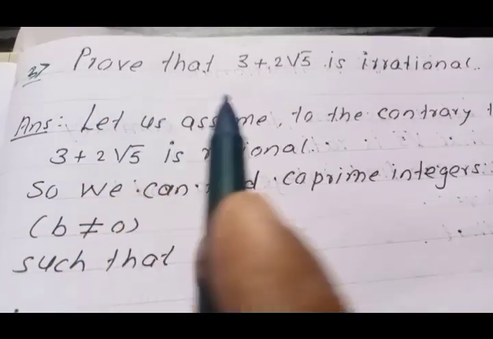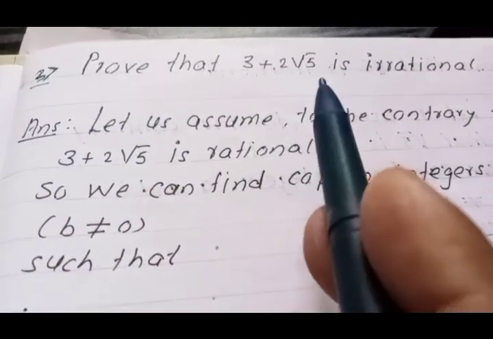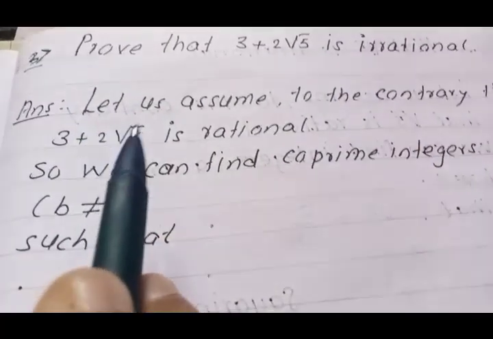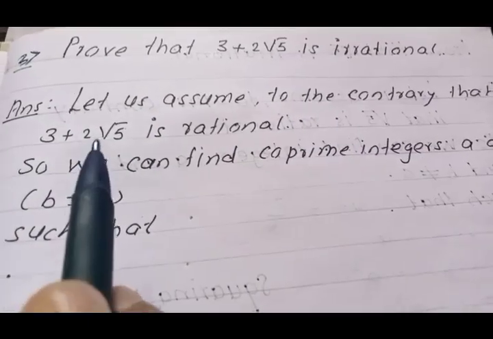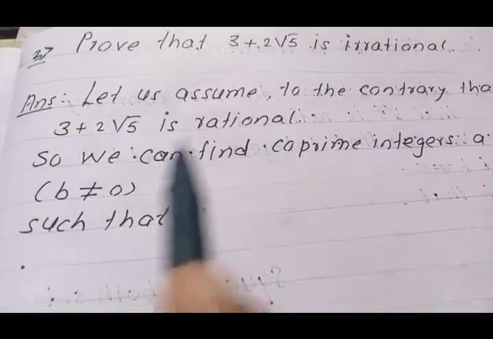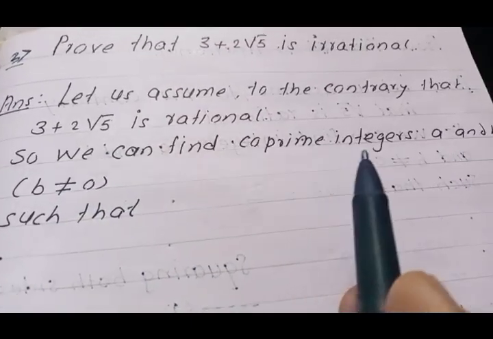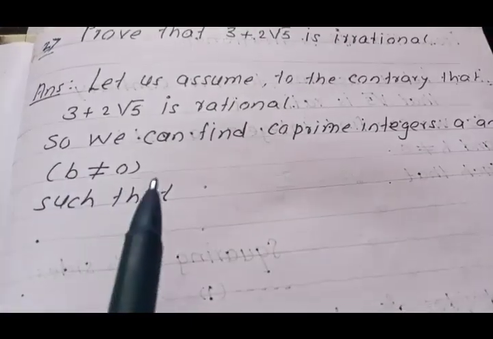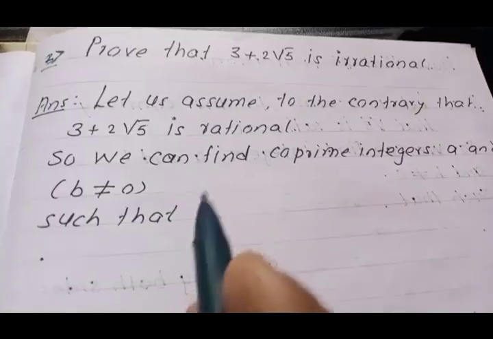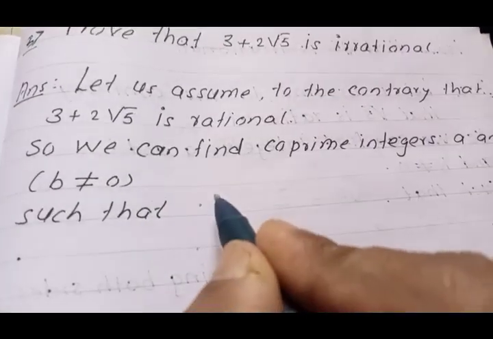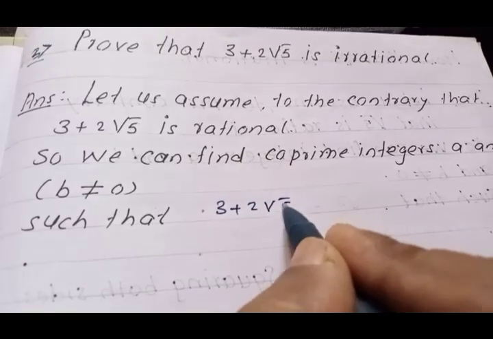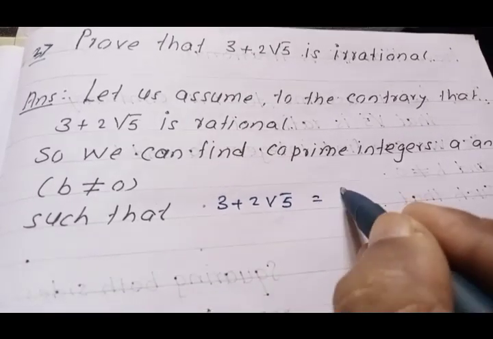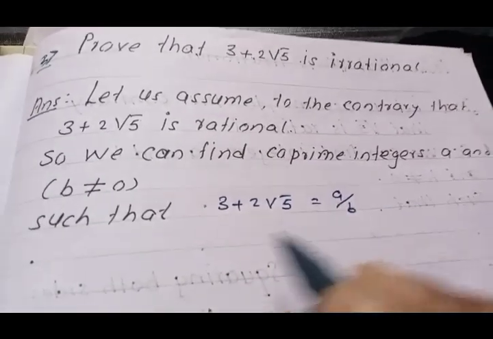Number 3. Prove that 3 plus 2√5 is irrational. Answer. Let us assume to the contrary that 3 plus 2√5 is rational. So we can find co-prime integers a and b, b not equal to 0, such that 3 plus 2√5 equal to a upon b.